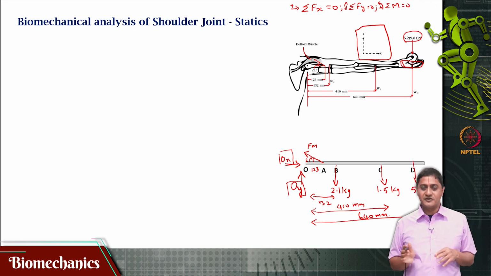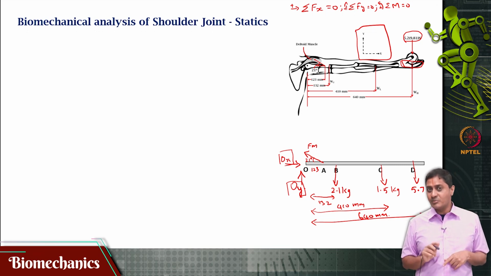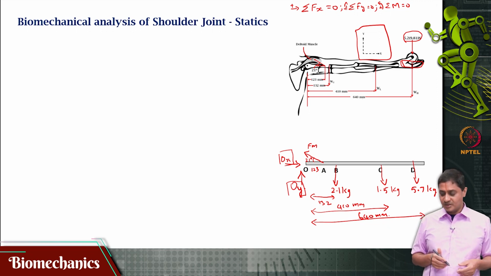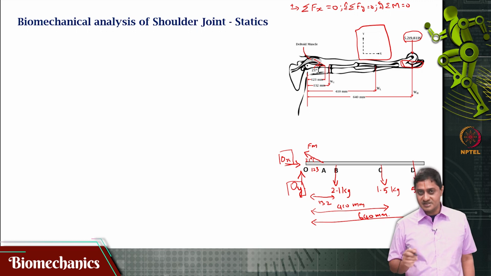I will anyway have to write out the moment equation, and in the moment equation, if I take the moment about O, which is a reasonable point to take the moment about, then there will only be one unknown because all other distances and forces are known to me.